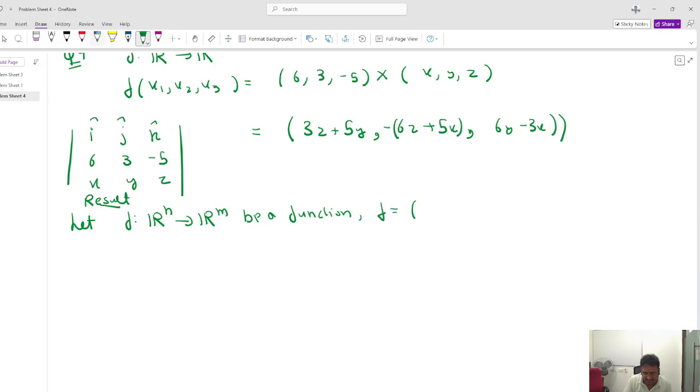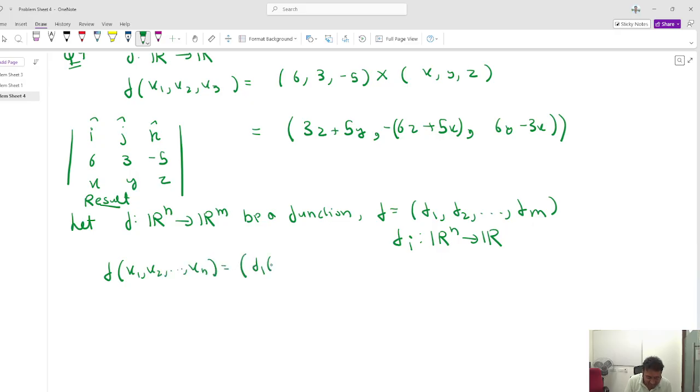That is, it is something like this: f1, f2, dot, fm, where the fi's are functions from Rn to R. That's how it will be, no? So if you have some (x1, x2, dot, xn), it will be applied to all of these: f1 of (x1, ..., xn), f2 of (x1, x2, ..., xn), dot, fm of (x1, x2, dot, xn).